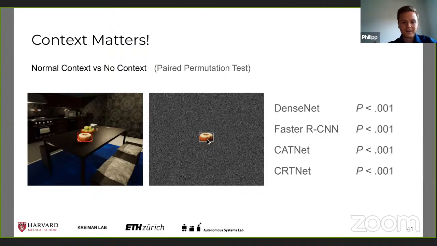The only thing that changes is that we use those pixel perfect object segmentation masks to replace the context with salt and pepper noise. Because we have such a nice pairing between samples in one condition and samples in the other, we were able to use a paired permutation test to obtain those p-values. So this emphasizes once more that contextual information is helpful and can help computational models to improve their performance.